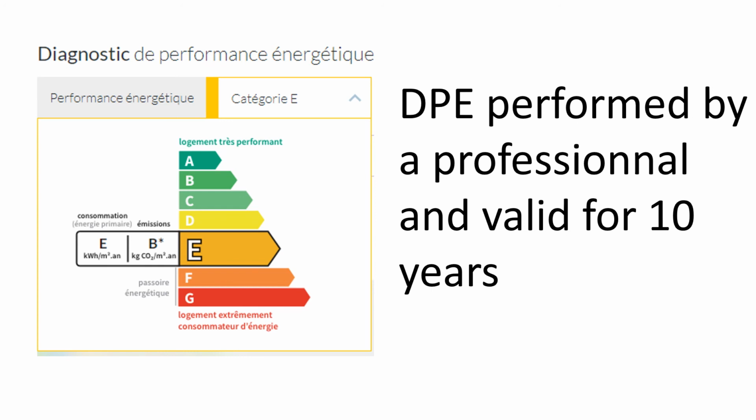What this diagnostic does is really to reveal all the faults that the apartment would have in terms of energy. So this is a paper that you will get from the landlord. It is compulsory for that landlord to provide you with it, and this since 2007, and we are in 2021.